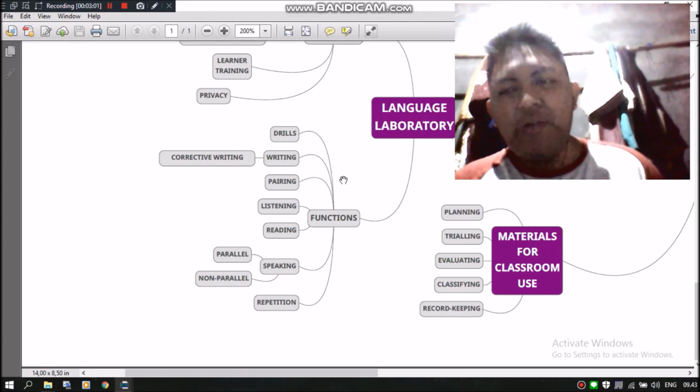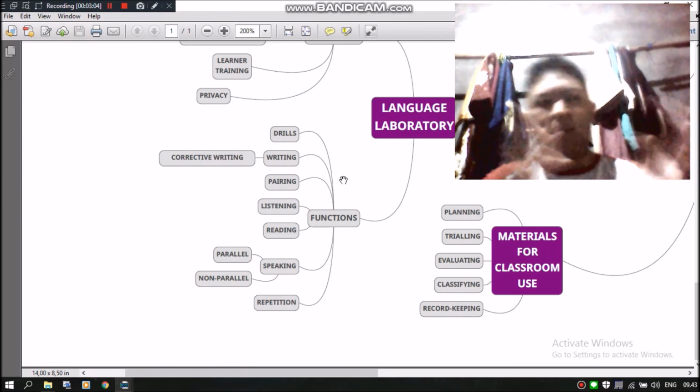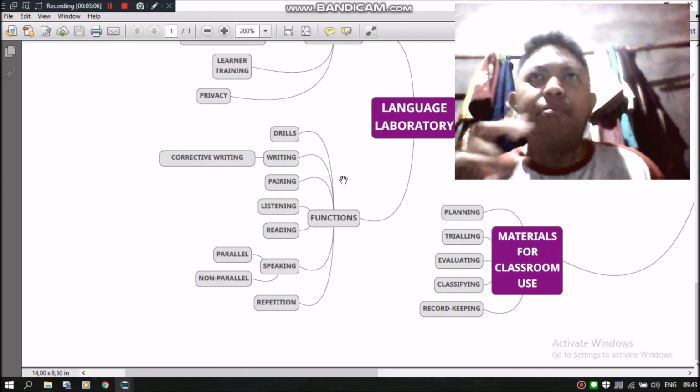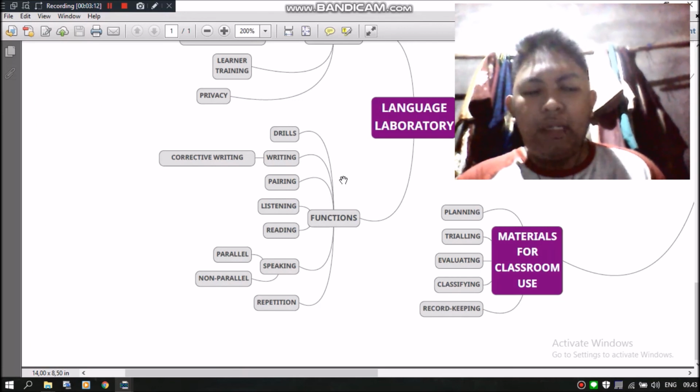And we can also use it for pairing, when we need to pair students to one another, and we can plug two students to the same recorder, and we can test them one by one.